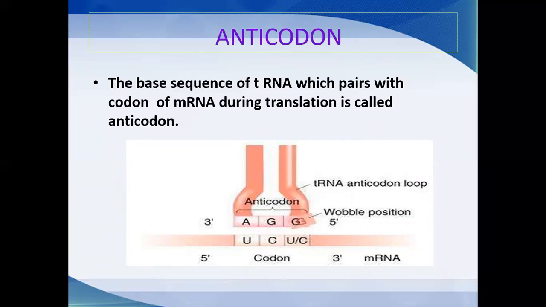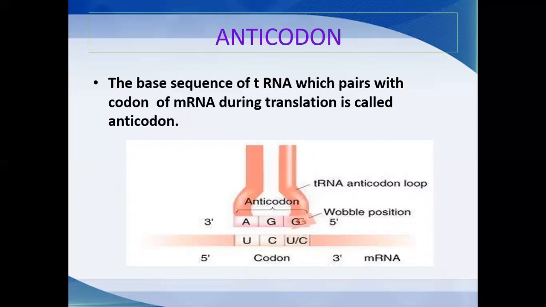But how is the codon different from the anticodon? A codon is present in mRNA, but an anticodon is always present in tRNA, never in DNA.